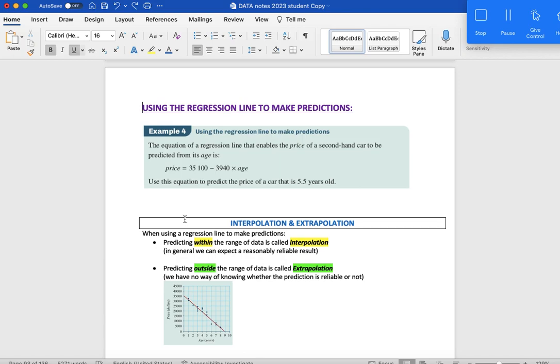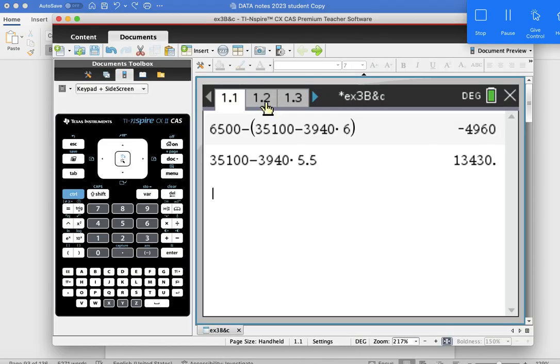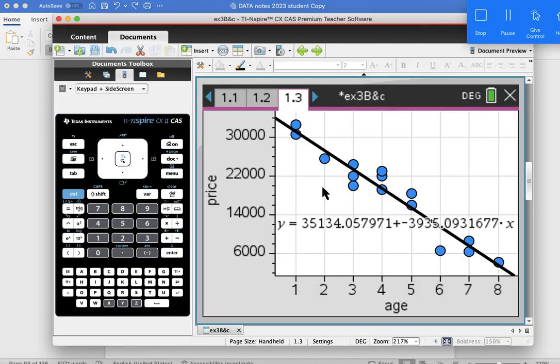predict within the data range, I might just go to the graph here. Let's go to the scatter plot. So if you predict, see my first age was 1, so your first dot's on 1 and your last dot is on 8. If you predict anywhere in between those values, it's interpolating. And it's more reliable. And why is that?